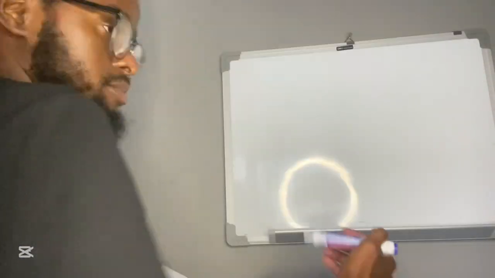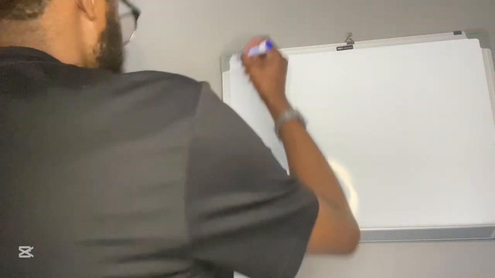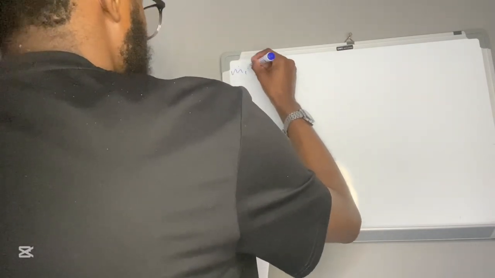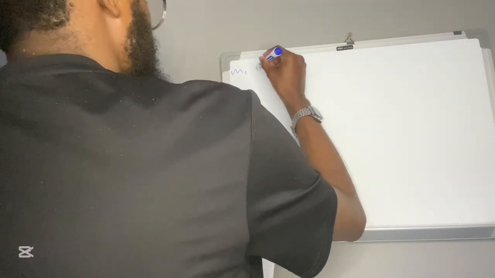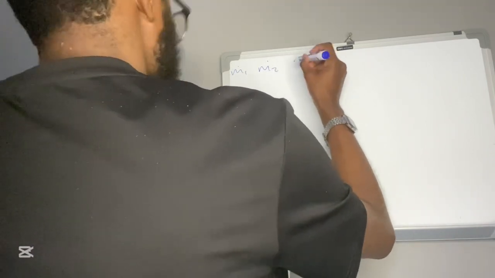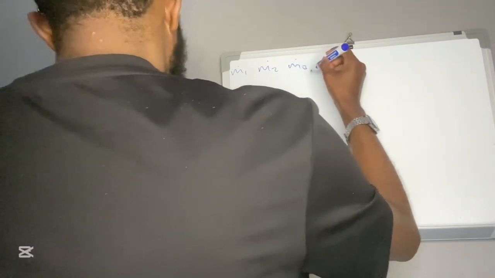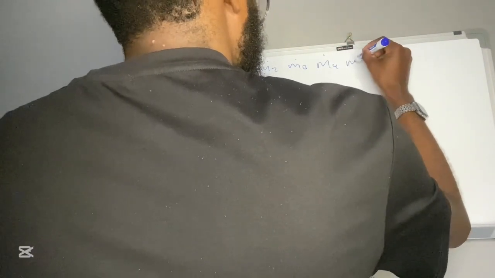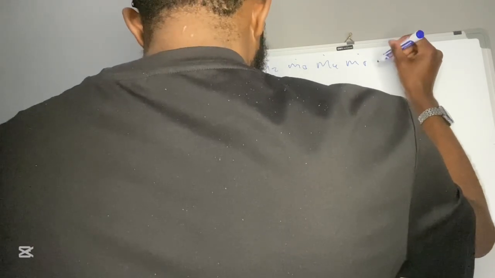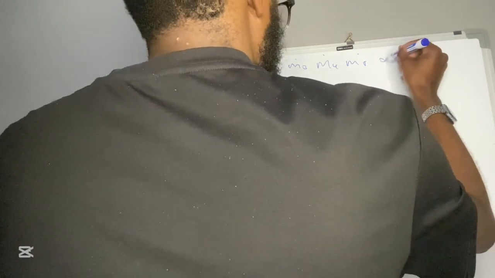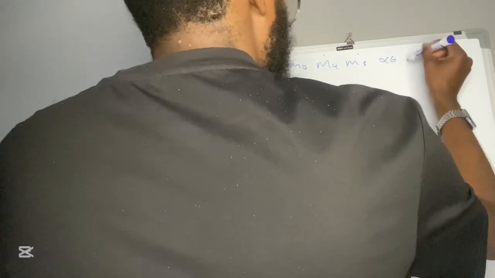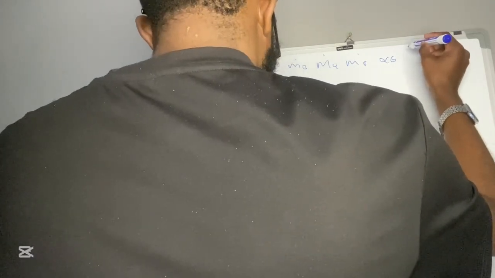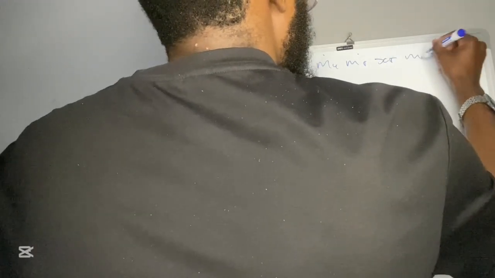So this is how the table is going to be. You're going to have M1, M2, M3, M4, M5, X5, M6, X6.